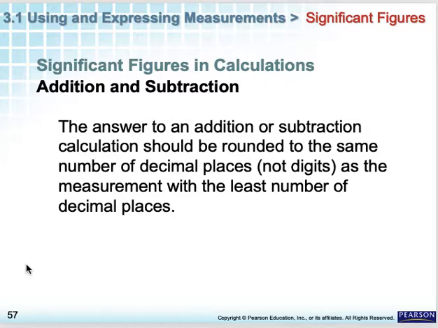So let's talk about the rules for subtraction and addition. In this case, we are going to look at the same number of decimal places, not digits. We're going to look at the number with the least number of significant figures, or what column runs out first. It does not have to be after the decimal place, but we are looking at columns or places of numbers.